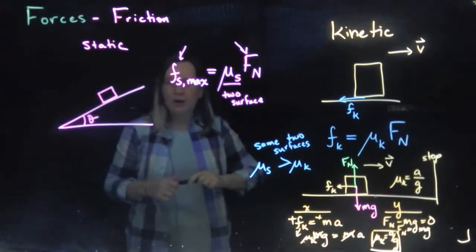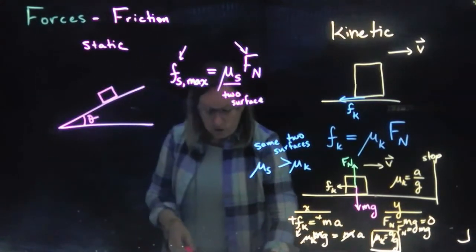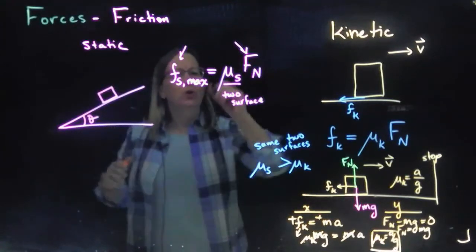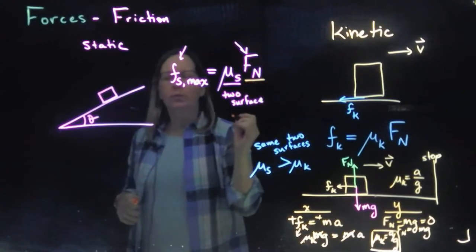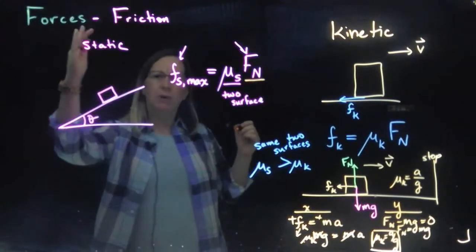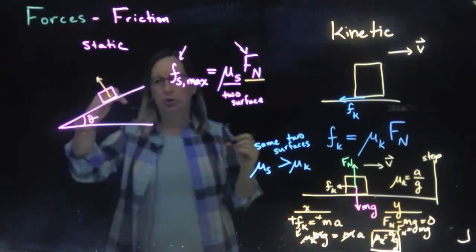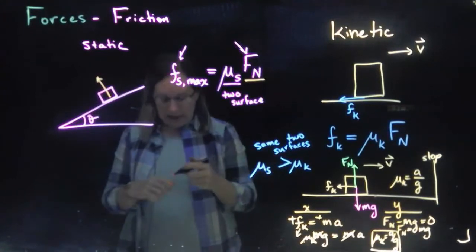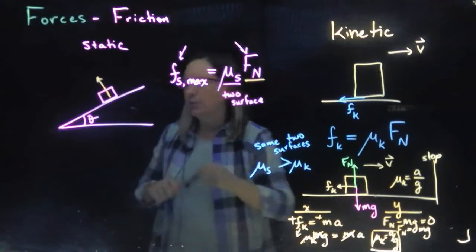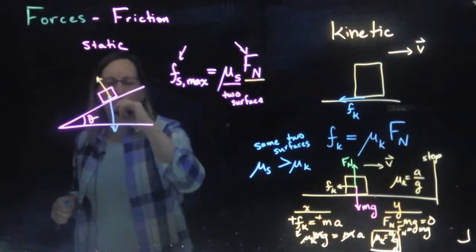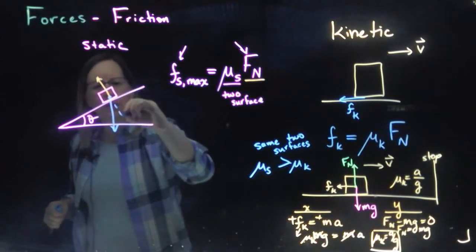An easy way to find the coefficient of static friction is to adjust the normal force. So notice that as you tilt this up and up and up, because your normal force is perpendicular to the surface, it gets smaller and smaller because your weight always points down. This is the weight, and then this is the y component.